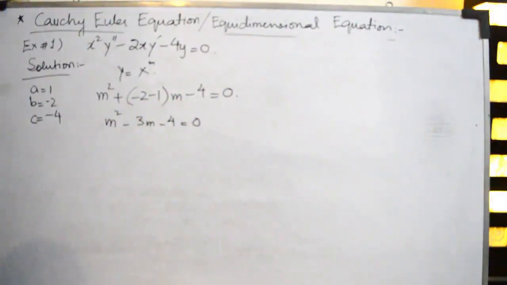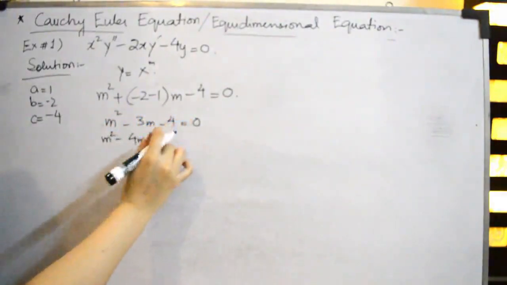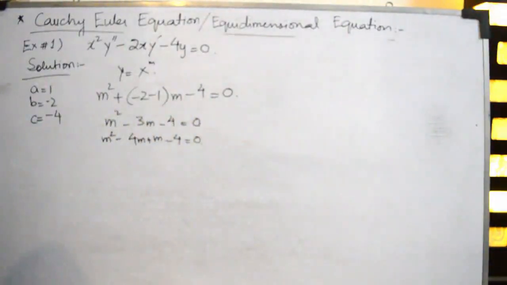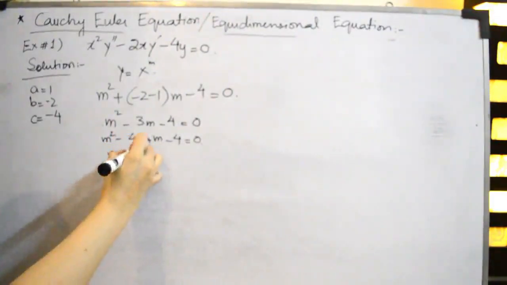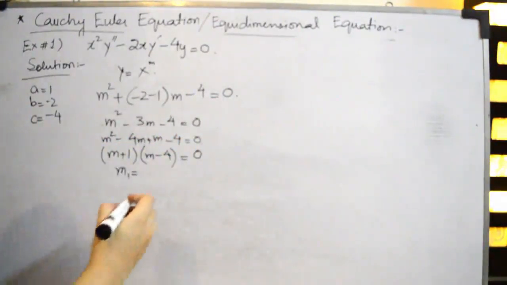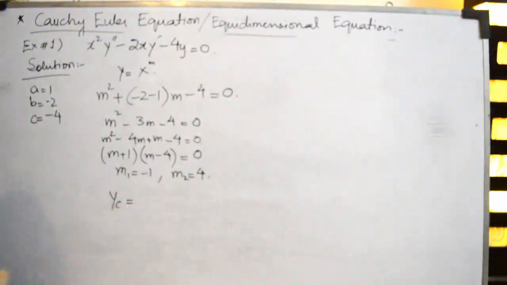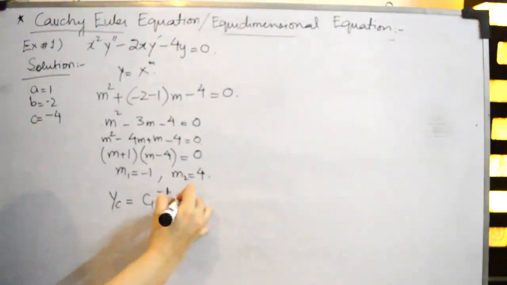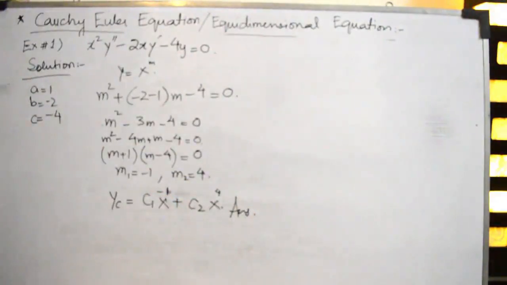If I factorize it, m square minus 4m plus m minus 4, that makes the roots m equals minus 1 and m equals 4. So here we have distinct and real roots, one is minus 1 and one is 4. So the general solution is c1 x to the power minus 1 plus c2 x to the power 4. So here is the answer.